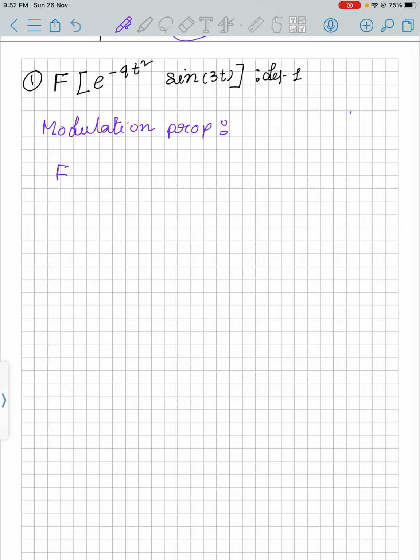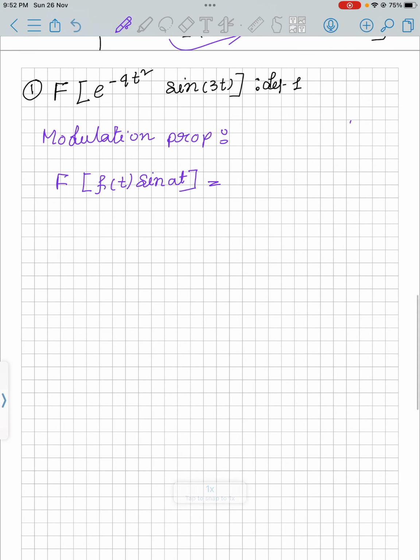The Fourier transform of f(t) sine at equals i by 2 [g(omega plus a) minus g(omega minus a)].